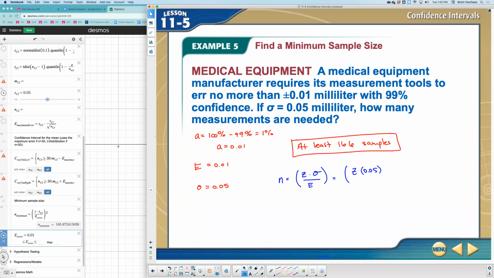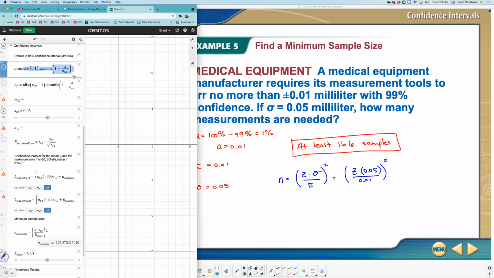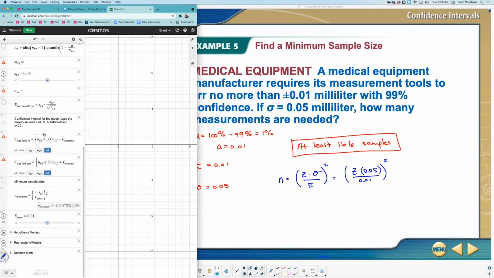What they did not give us is the z value, and that's the quantile function. That's what I was talking about up here, or it's the normal distribution's quantile function. And so that's basically what happens right in here, and it calculates that value for us.